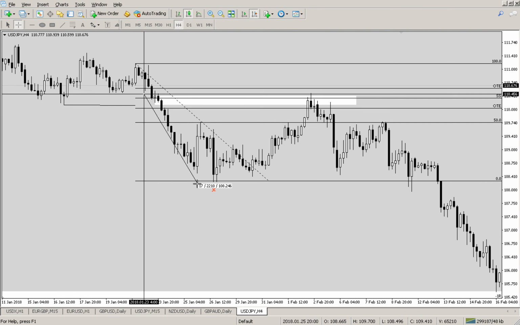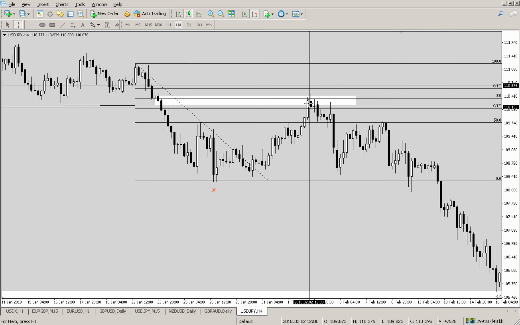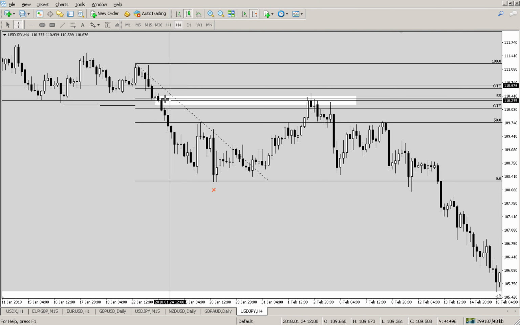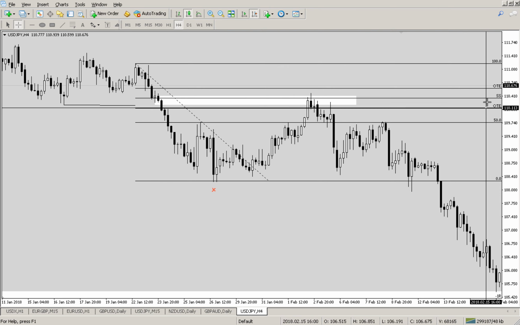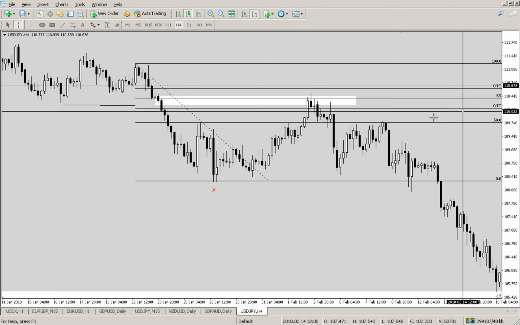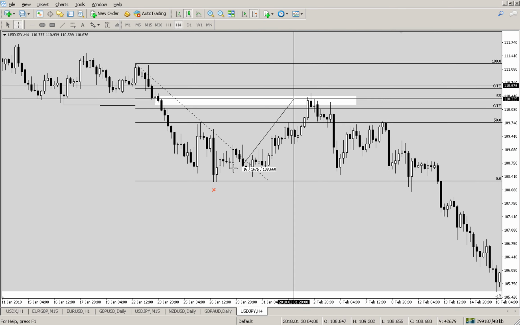So once we see that structure low break and we see a pullback inside this defined range, what I want to see is for price to come into our resistance level, into our optimal trade area, and then for it to take out the previous structure low.